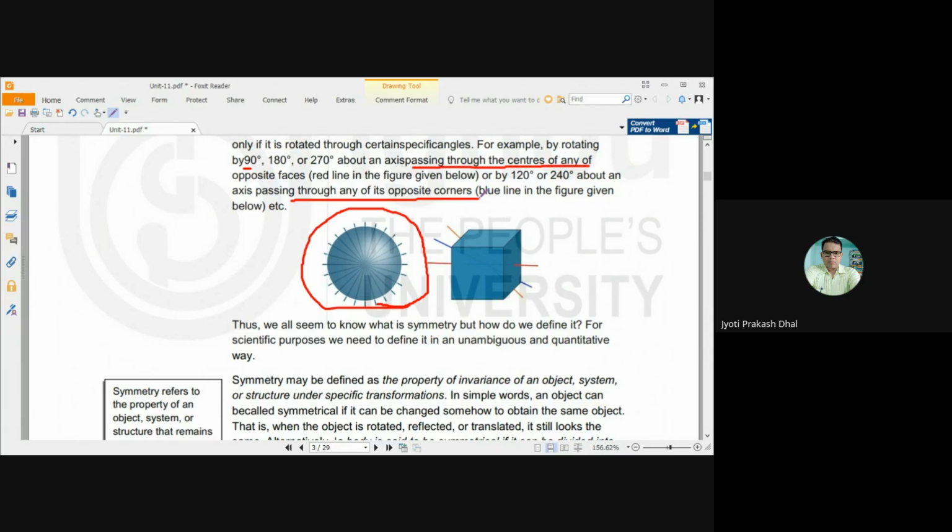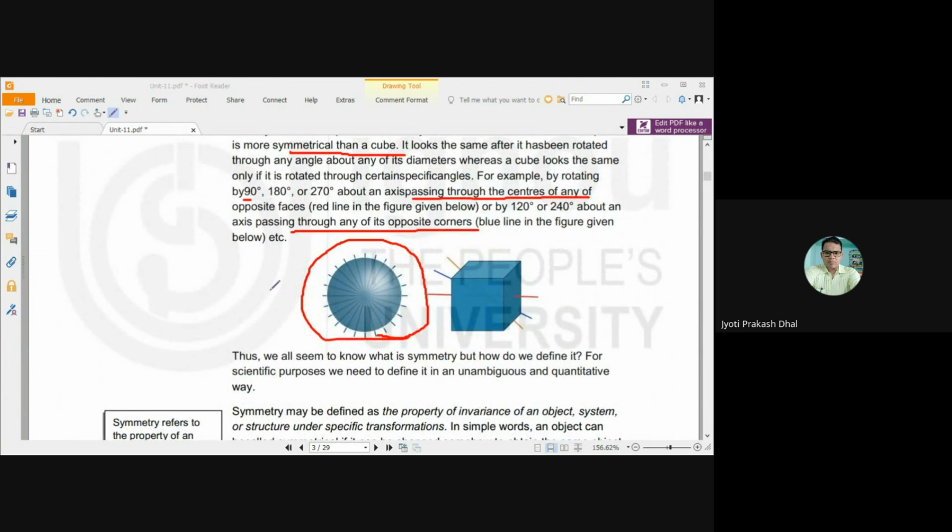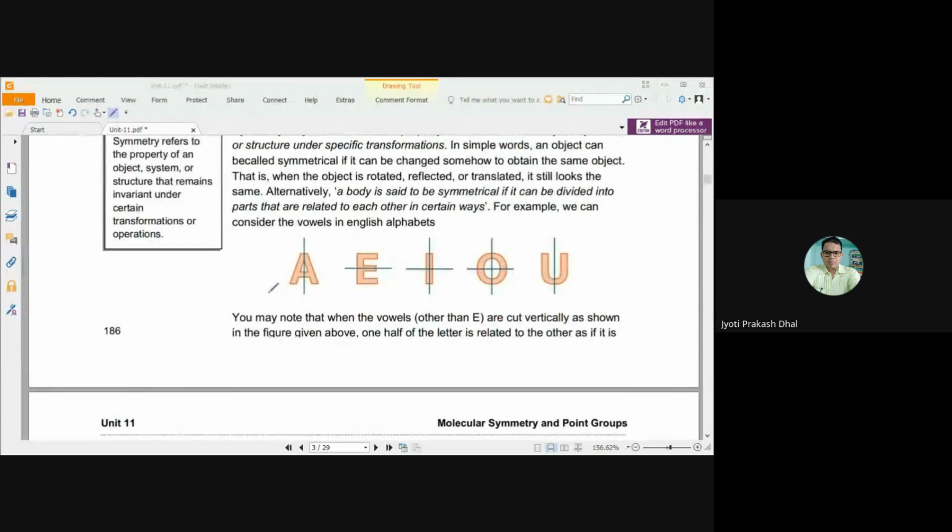But in a sphere, an infinite number of axes pass through the center, so rotating the sphere by any angle gives the same appearance.